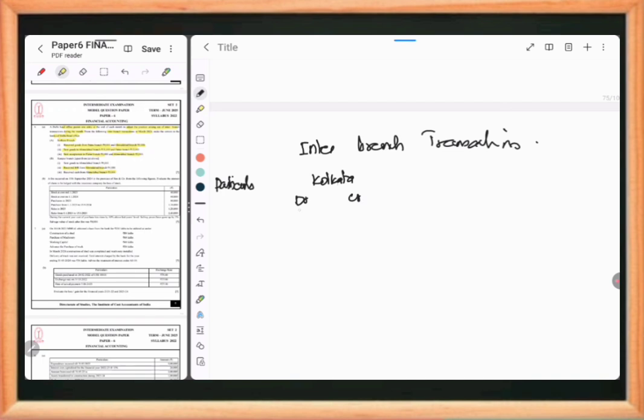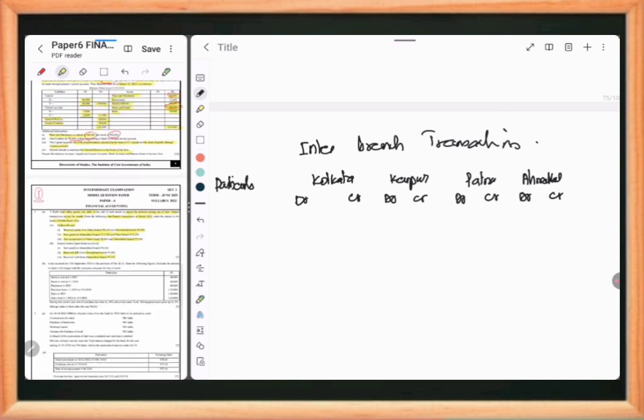If he is a receiver, he should be debited. If he is a payer, that is a credit. Then Kanpur branch, also debit and credit; Patna branch, debit and credit; Ahmedabad branch, debit and credit. So what is the first transaction?